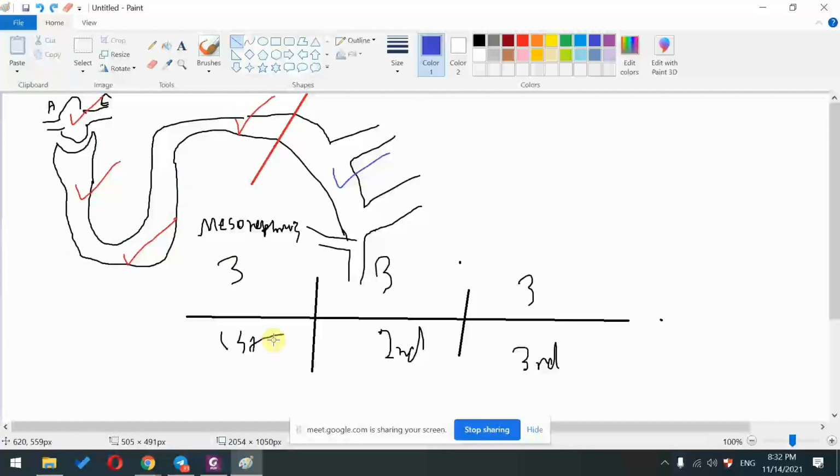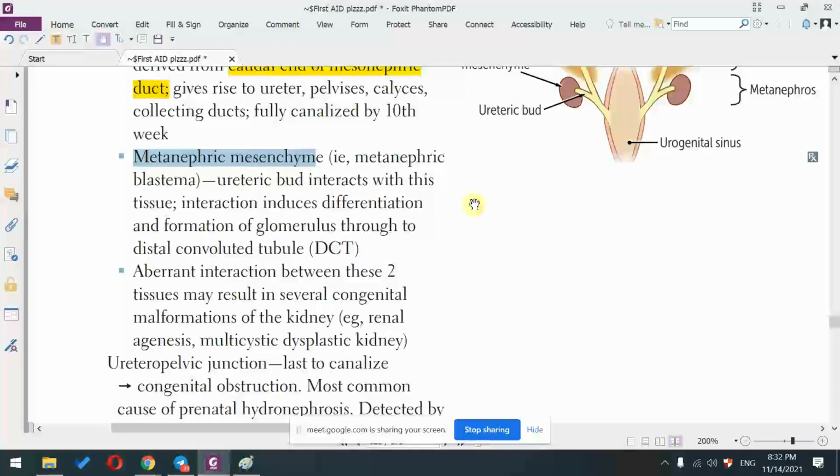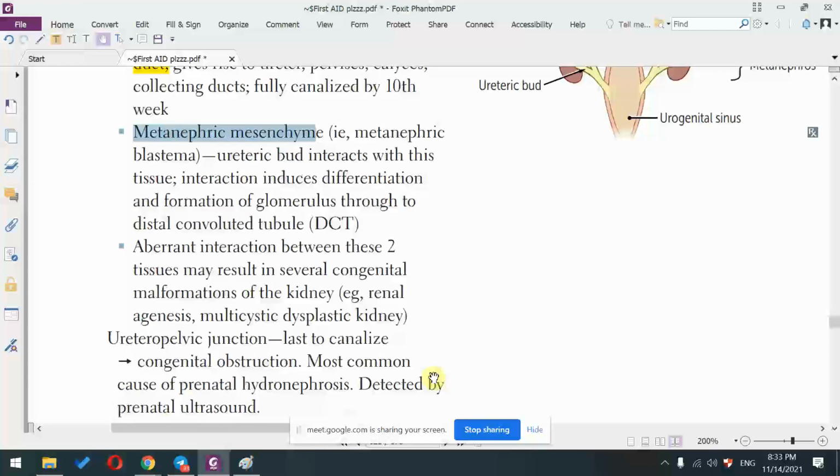Kidneys function normally. Most of the time, not always, but most of the time, if they ask you, most likely the patient will have what? Nothing. But it has some association with other pathologies. For example, hydronephrosis. Why? Is it because of the horseshoe kidney? The answer is no. It could be due to ureteropelvic junction obstruction.